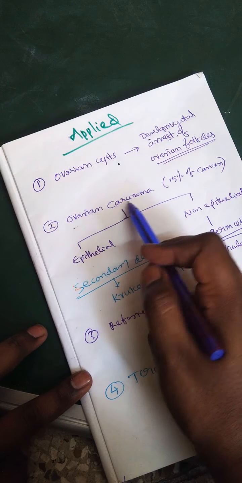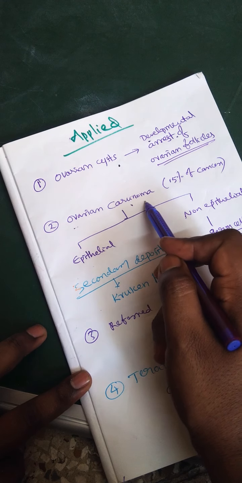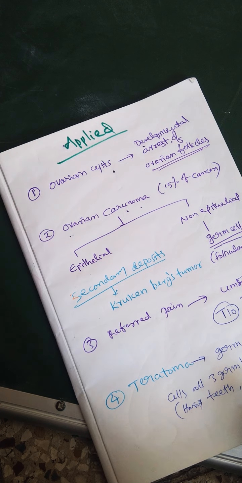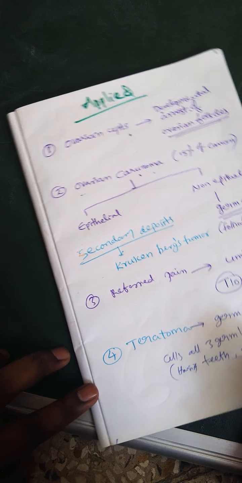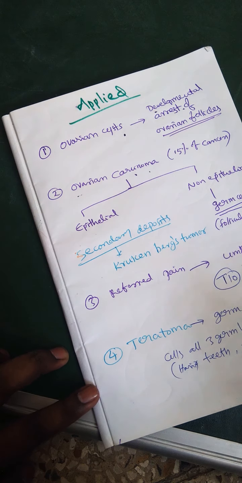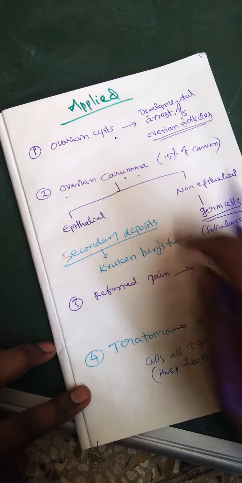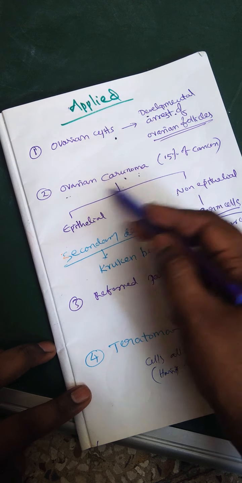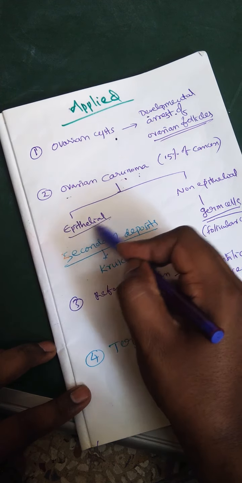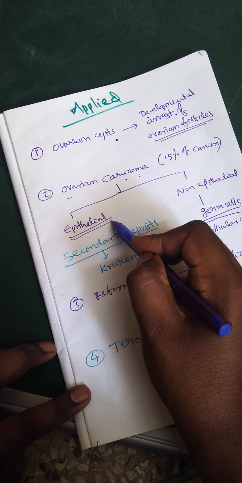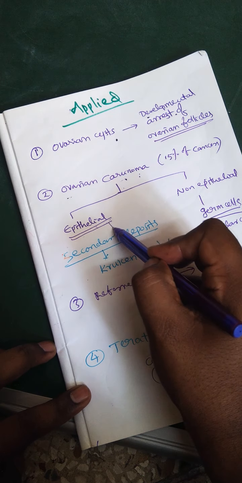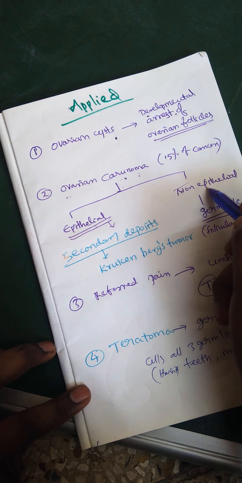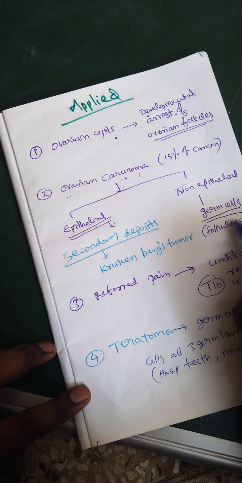Second, ovarian carcinoma. Of all the cancers in females, 15% occur due to carcinoma of the ovary. Ovarian carcinoma can be of two types by origin. It can be from epithelial cells, the ovarian epithelial cells, where uncontrolled growth leads to carcinoma, or from non-epithelial cells, the germ cells or follicular cells.